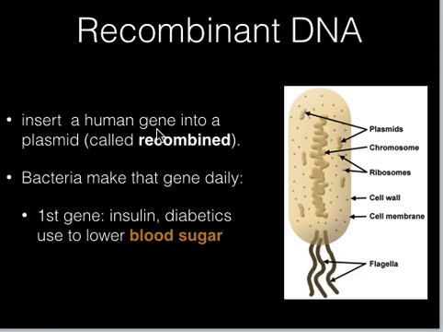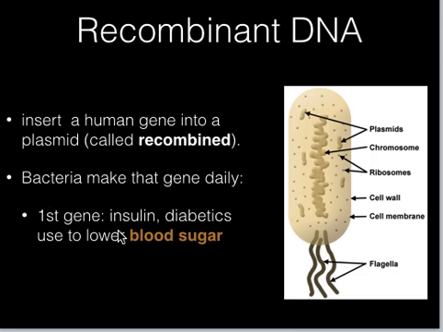When you insert a human gene into a plasmid, that plasmid is called recombined because we've taken the DNA apart and we reordered it in a new way. And so every day that bacteria will make that recombined gene, whatever that is, insulin, growth hormone, whatever gene we put in there, they're going to make it.